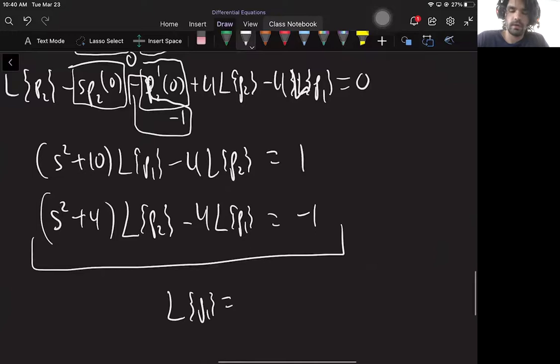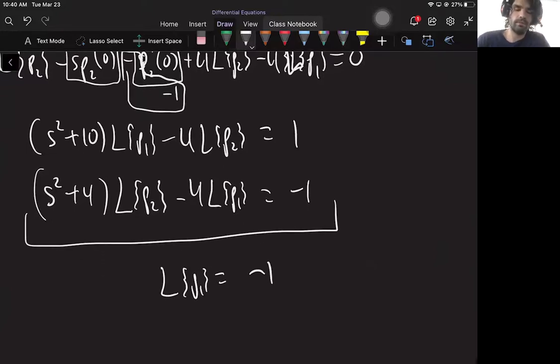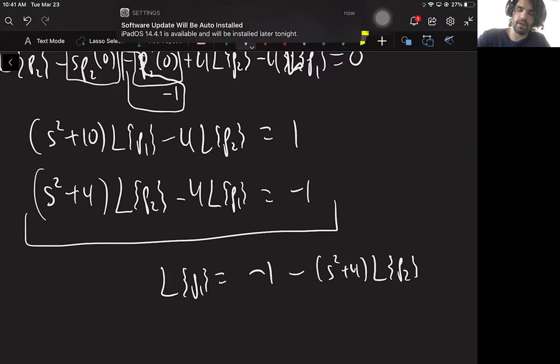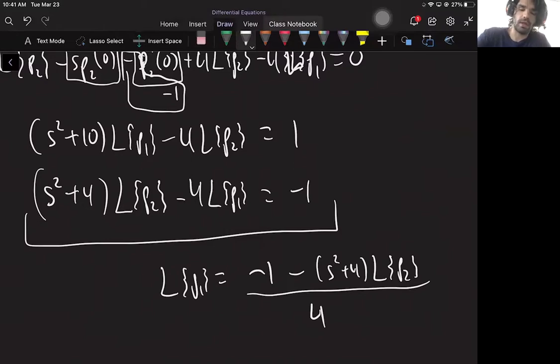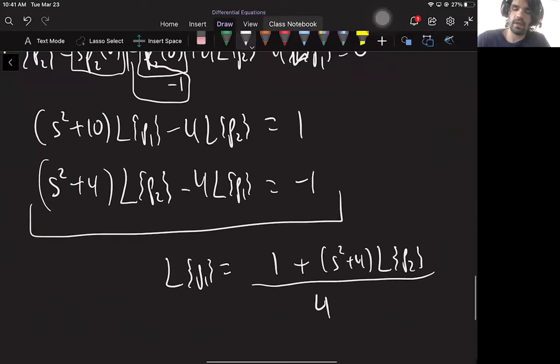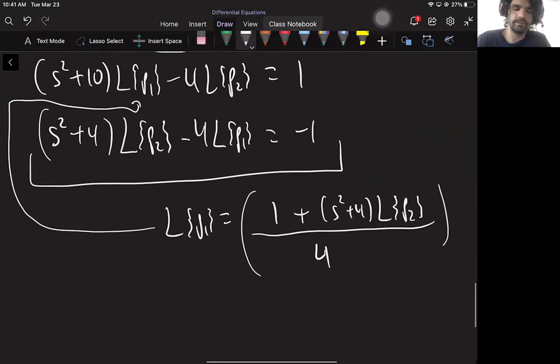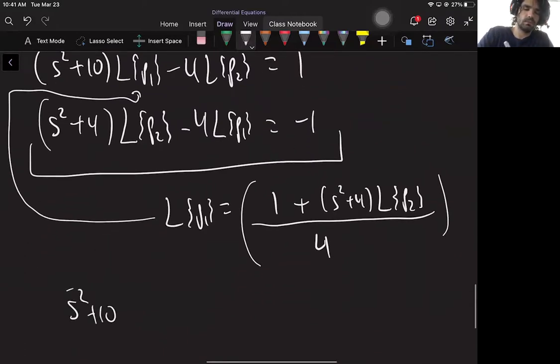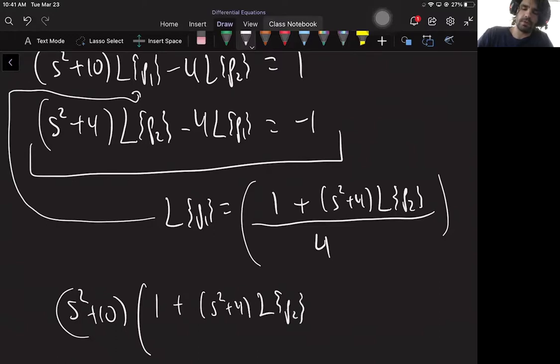If I subtract this s squared plus 4 times LP2, and then I divide by -4, these negatives will cancel, which is nice. So let me just make this a 1 and a plus. Okay, and then I'm going to put that back in the other equation. Yeah, it looks horrible. But this will let me solve for LP2.